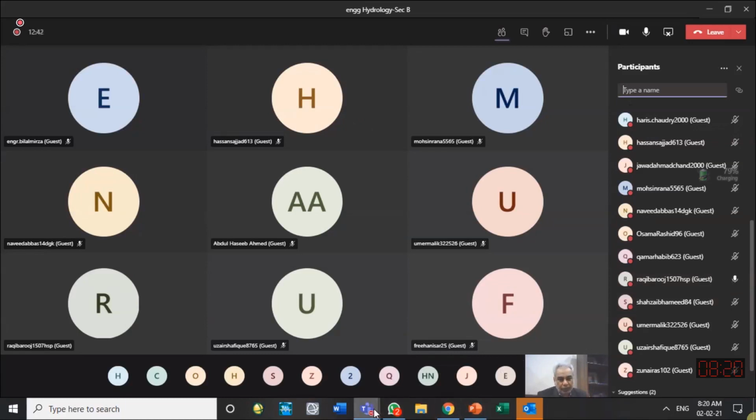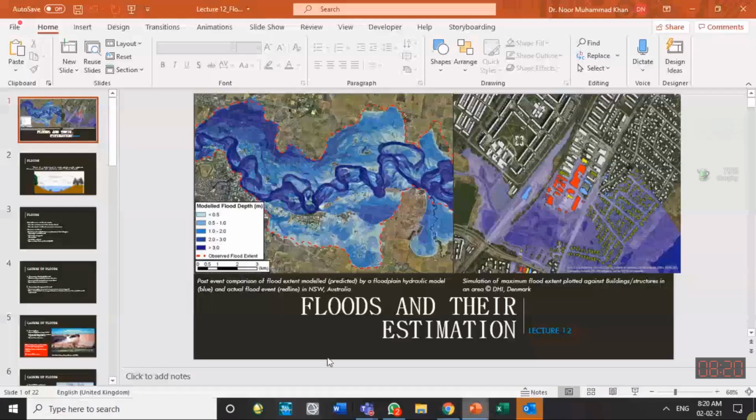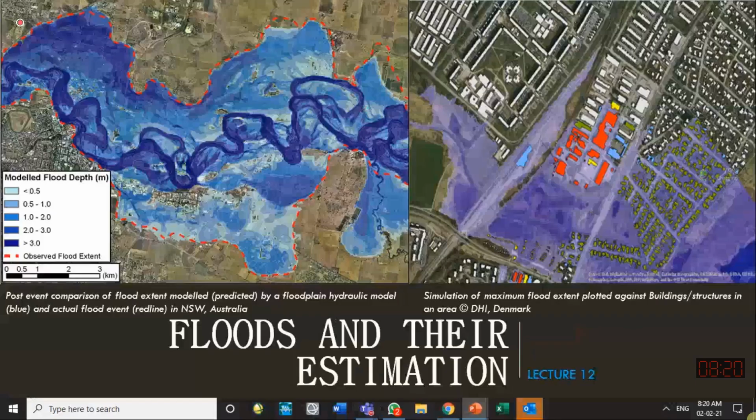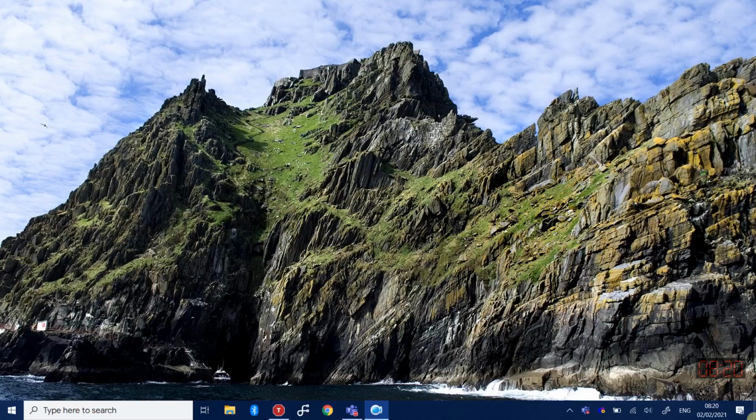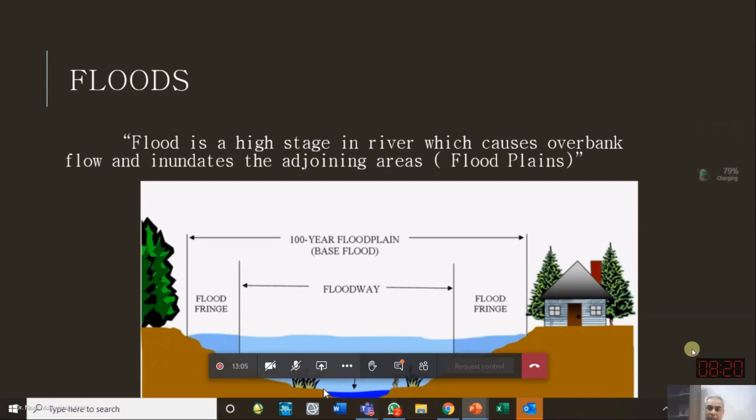So that's fine. In the last part of the previous lecture, we started the topic of floods, and we have already informed you what a flood is, a high level or high stage in the river. When the level or stage goes beyond the full bank level, that is the full capacity of the main channel.